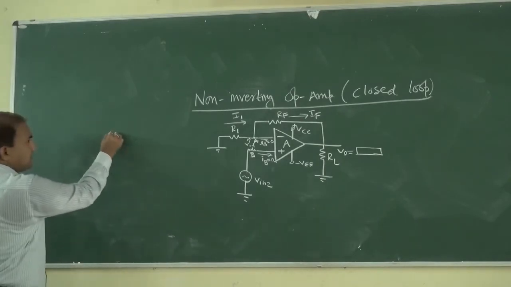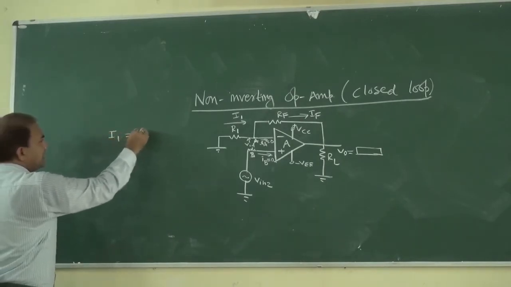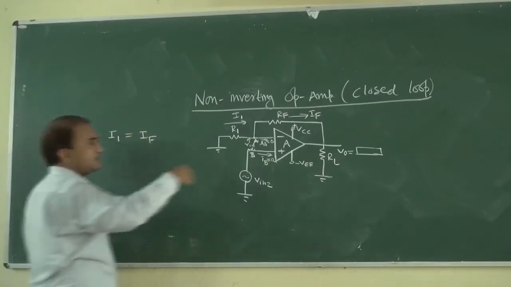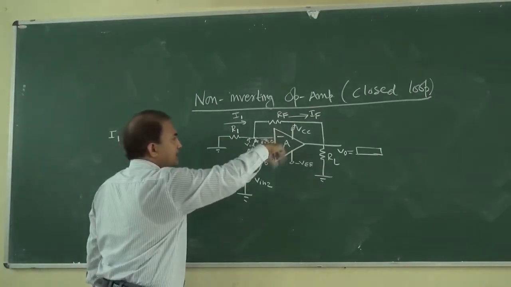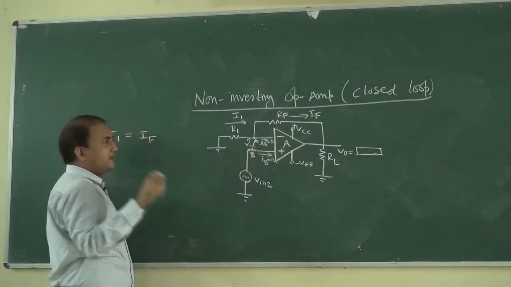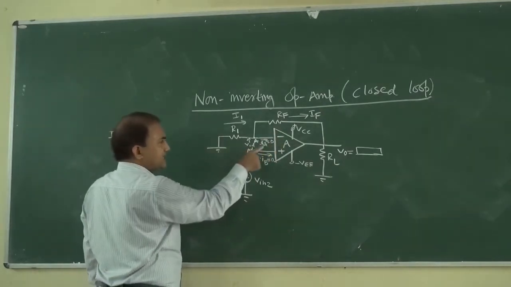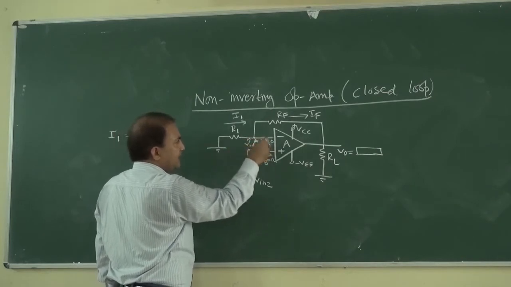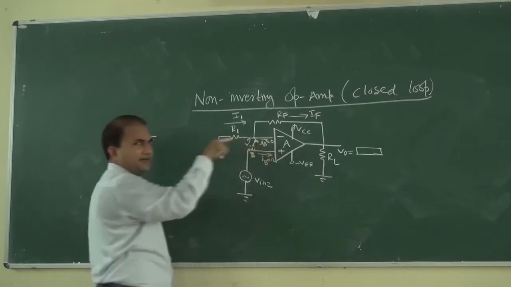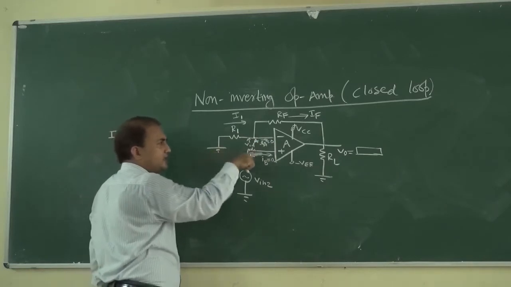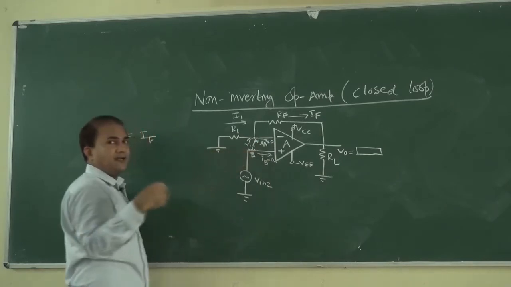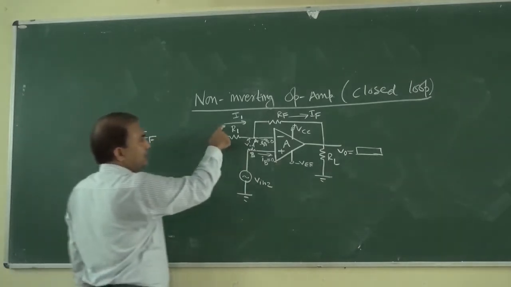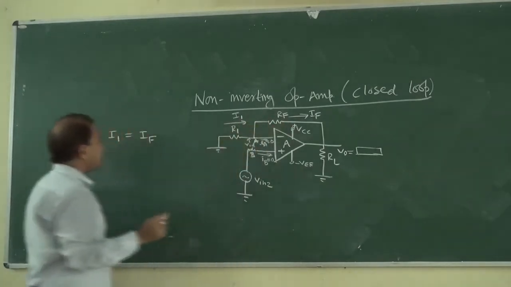See, I1 is equal to IF. Under what case? If we are considering this operational amplifier as ideal. So under the ideal case, the current flowing to the inverting terminal and the current flowing to the non-inverting terminal is equal to 0. So this I1 will be equal to IF.